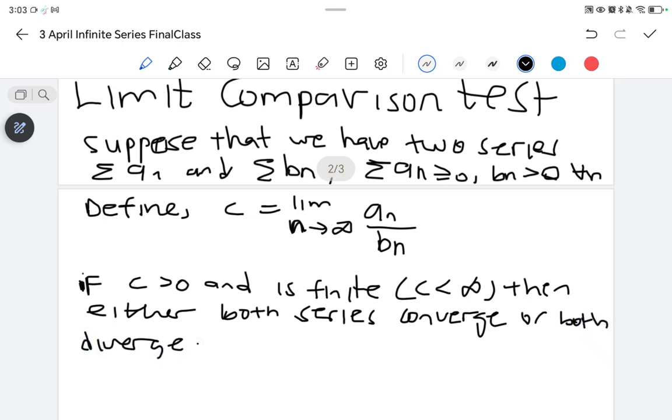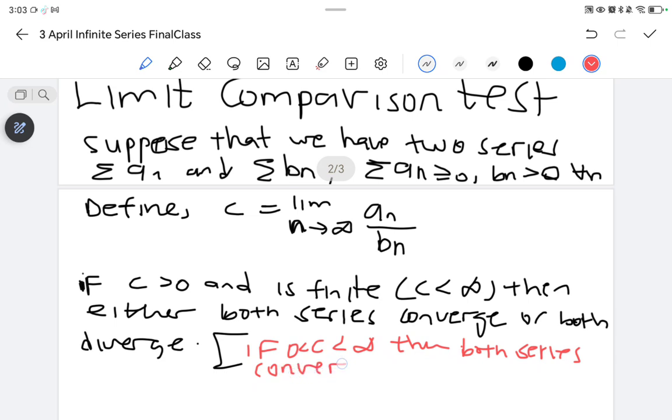So I could simply summarize this and say if c is between 0 and infinity, then both series converge or both diverge. I can easily simplify that.